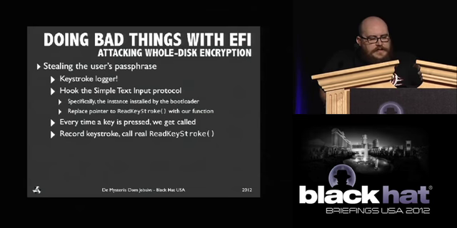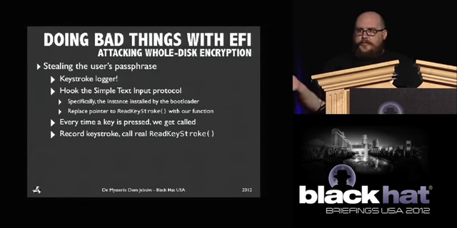So I guess the first thing to look at with regards to attacking File Vault is a keystroke logger within EFI to steal the user's passphrase. So this turned out to be pretty simple to implement. There's a protocol defined by the EFI specification called the Simple Text Input Protocol, which is used for console input, right?